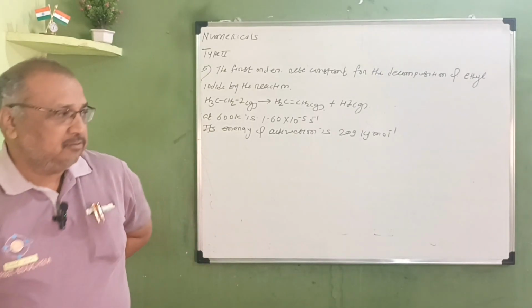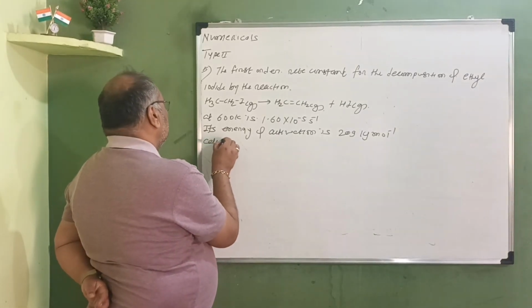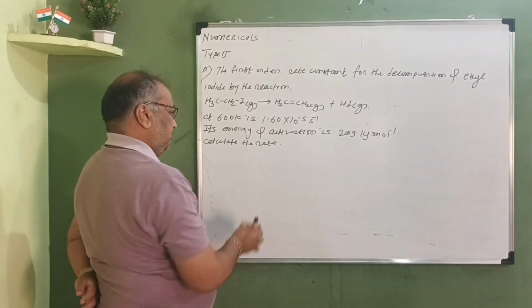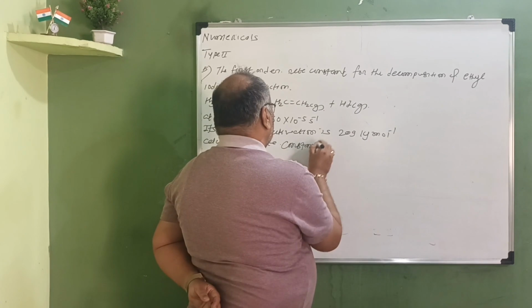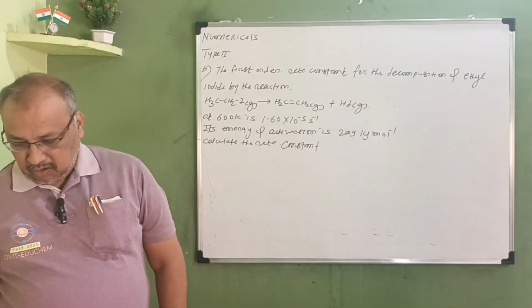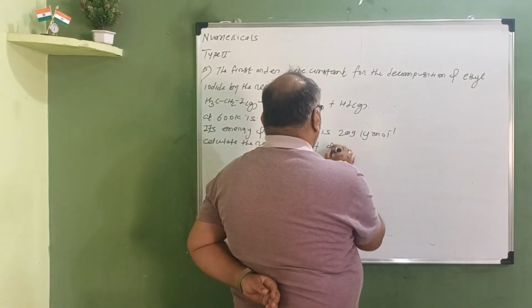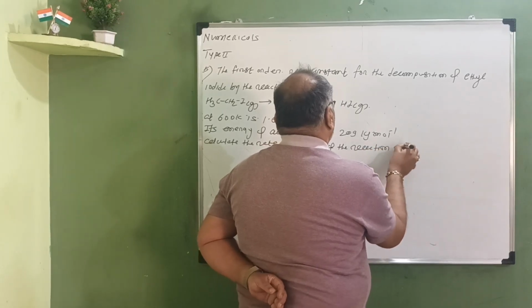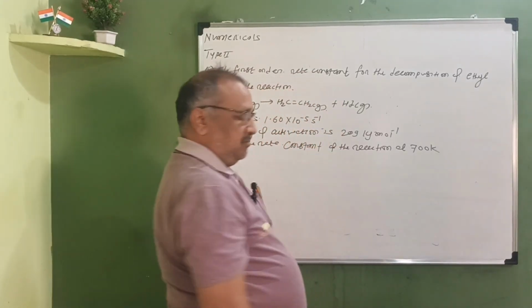Calculate the rate constant of the reaction at 700 Kelvin.